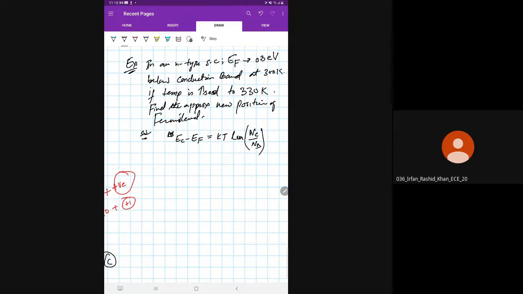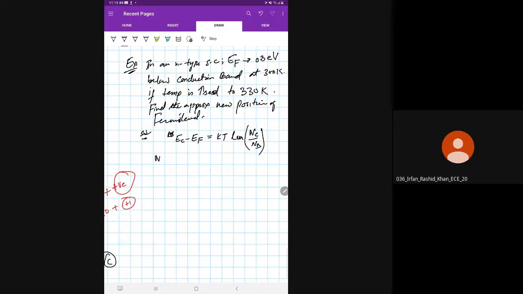Since NC value is not given and cannot be found, we will neglect the variation of NC with temperature, because NC is not given here. Therefore, we will neglect the variations of temperature on NC. We can directly say from this equation that is given here.